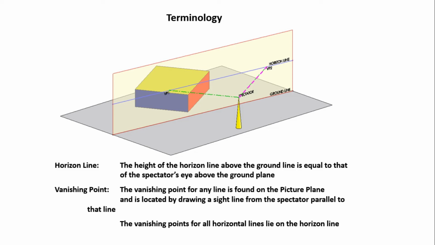In single point perspective there will be only a single vanishing point, and in a 2-point perspective there will be 2 vanishing points, one towards the right and the other towards the left.